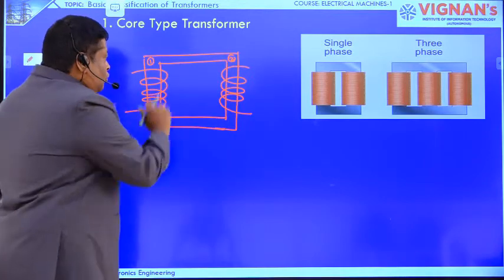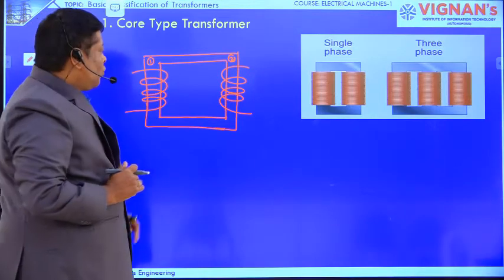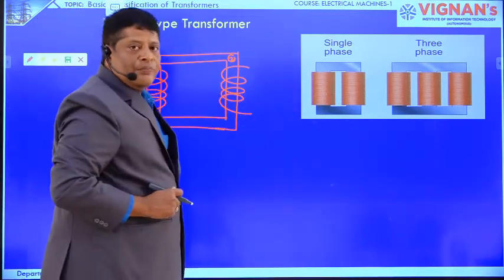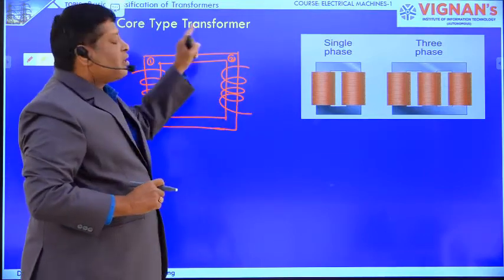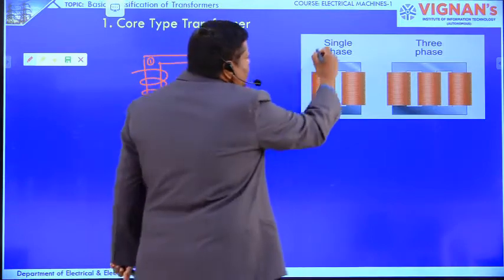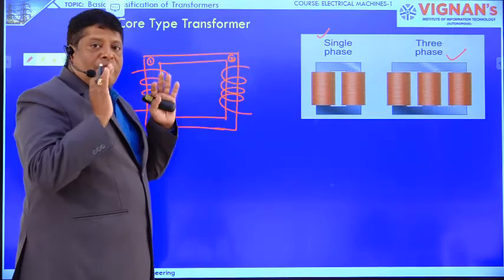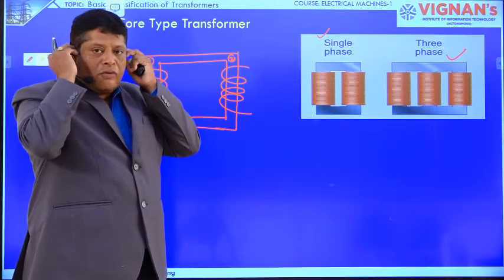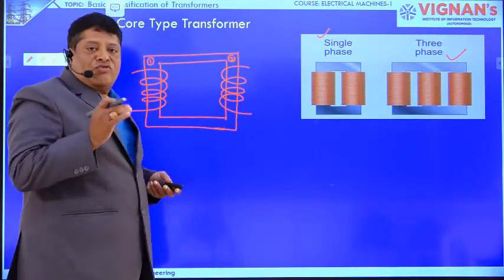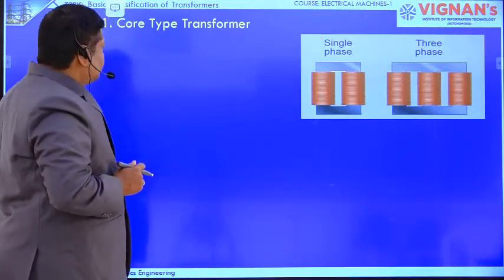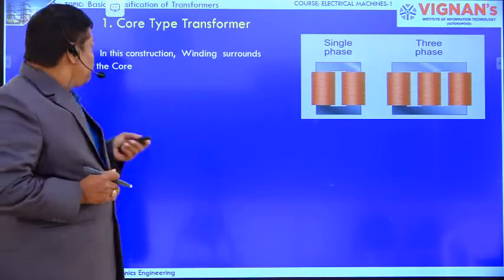If we observe the circuit, the winding surrounds the core. In the same manner in single phase also. This type of construction of the core of a transformer is a core type transformer. This is the single phase core type transformer. This is the three phase core type transformer. In this case, the winding is surrounding the core. That's why we call it a core type transformer. In this construction, the winding surrounds the core.